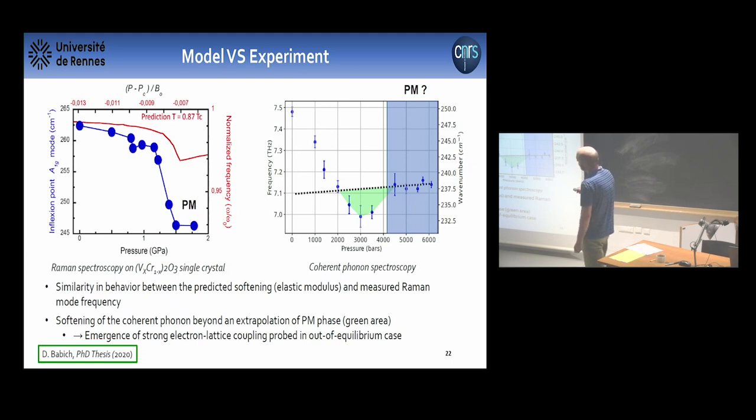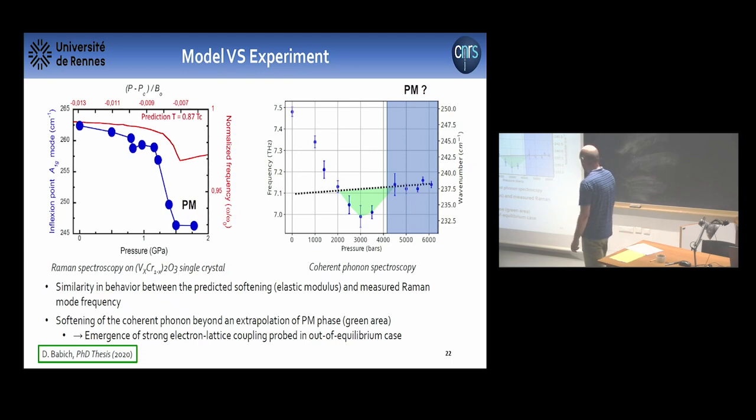In blue, this is the Raman measurement obtained with the diamond anvil cell. And here what we observe is a similar behavior, but in this case probed in an ultrafast fashion in out-of-equilibrium dynamics. The key point is that you cannot explain those three points if you're not considering lattice degrees of freedom close to the Mott transition, right?